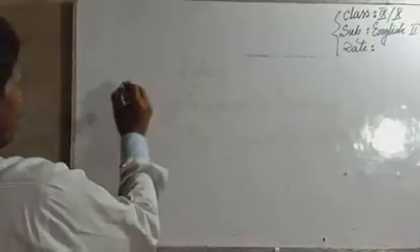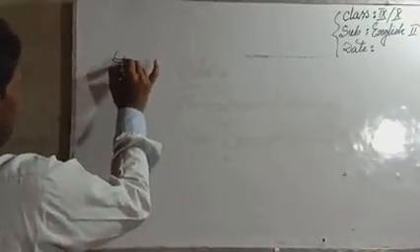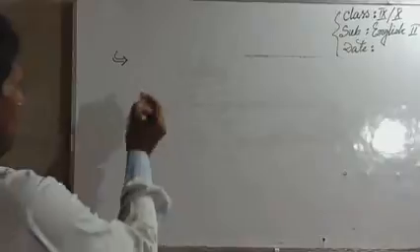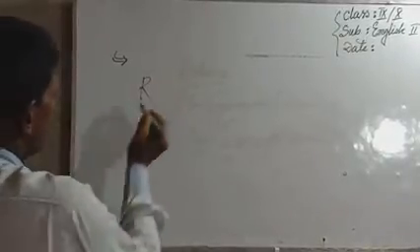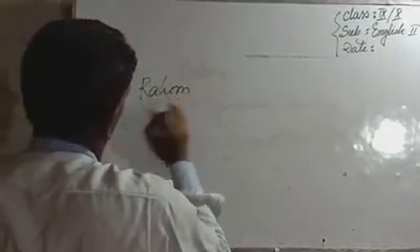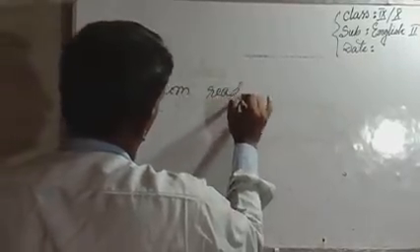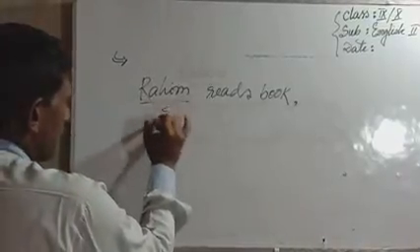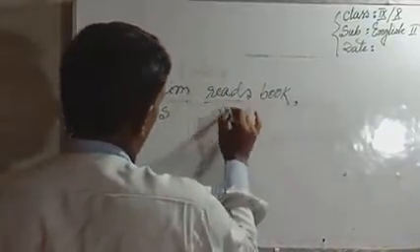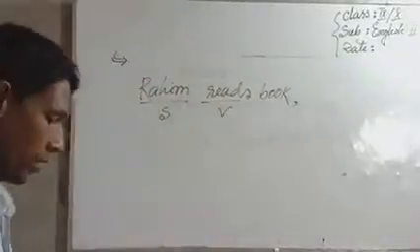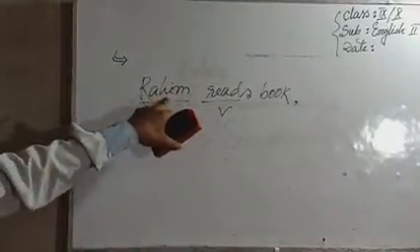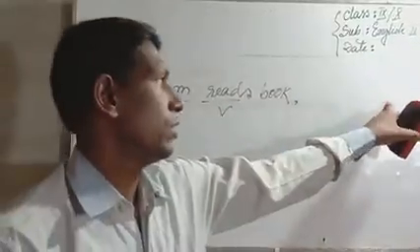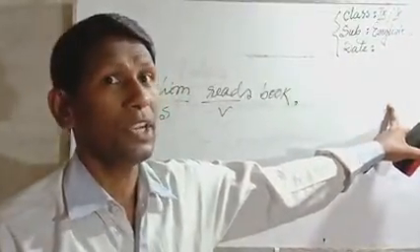So dear students, at first think of an example: Rohim reads book. Dear students, it is easy to see that Rohim is the subject and read is the verb. At first we think Rohim is a noun. We will use a pronoun instead of the noun in the tag portion.